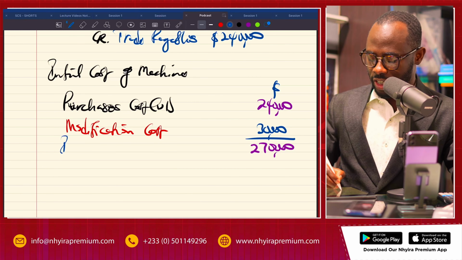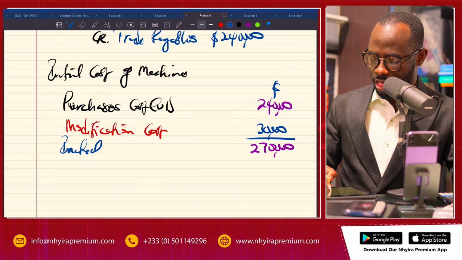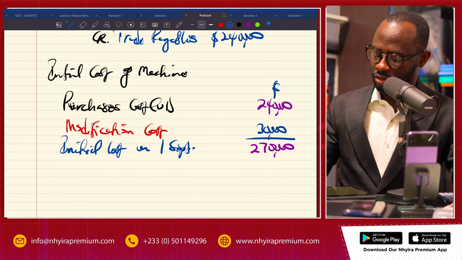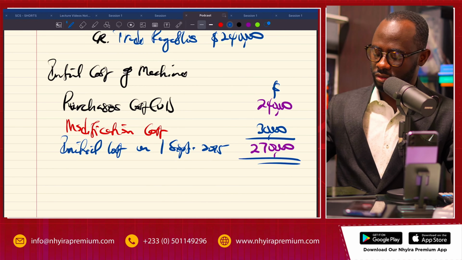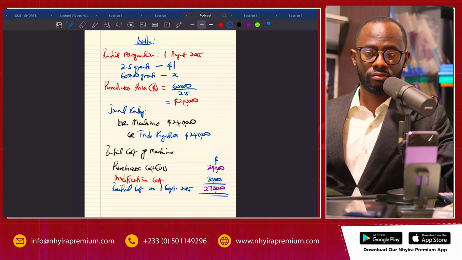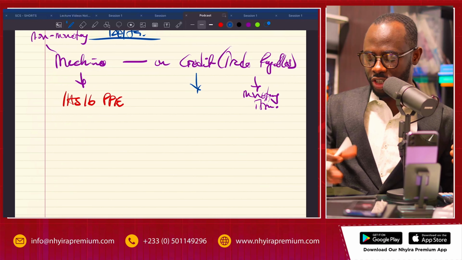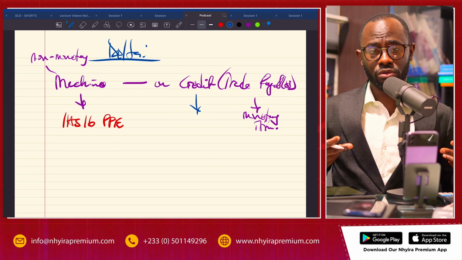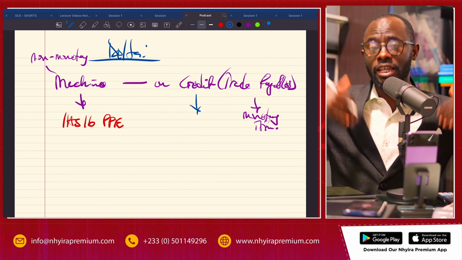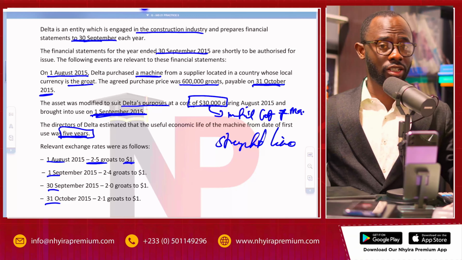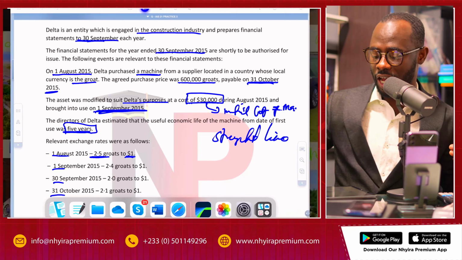So that gives us the initial cost on 1st September 2015. Now, the machine, like we said, is a non-monetary item. So we need to apply IAS 16 and depreciate it over the economic useful life given to us in the question, 5 years, and determine the carrying amount.